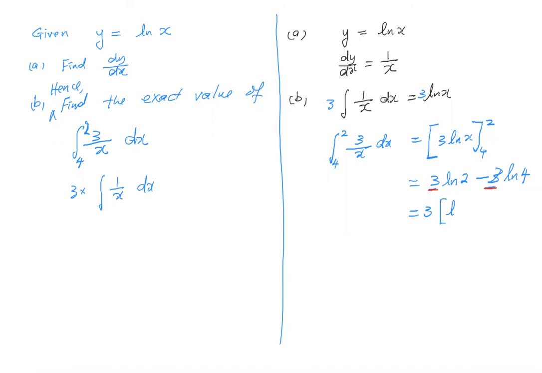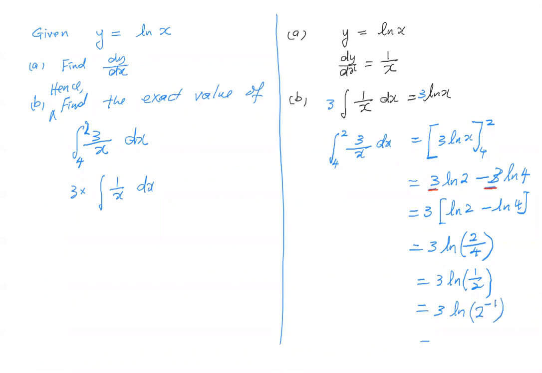So I have ln 4 minus ln 2. So ln, when you have minus, it means 4 over 2. Am I right? So it will be 3 ln 2.